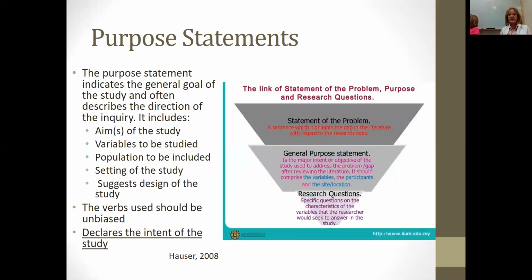So the purpose statement is the overall goal of what you want to do, and it may or may not describe a direction of what you think. So, you know, if we said cognitive behavioral therapy would improve whatever it is, depression, anxiety, or whatever.